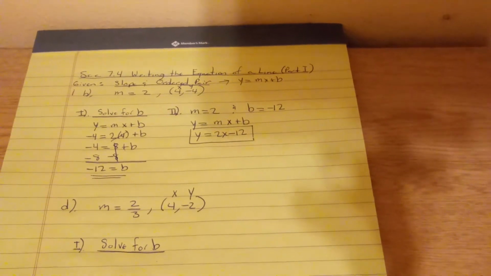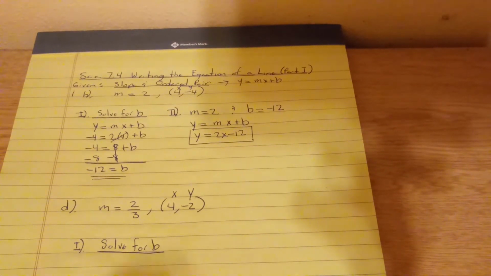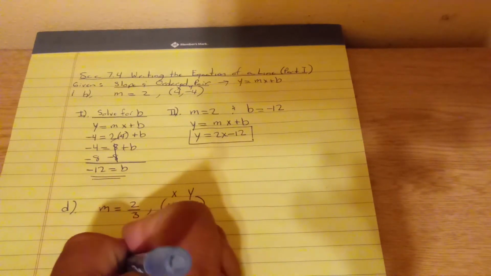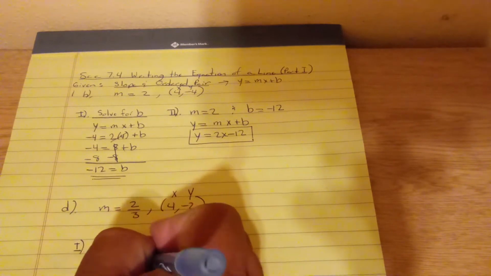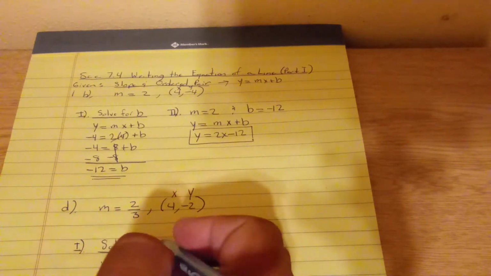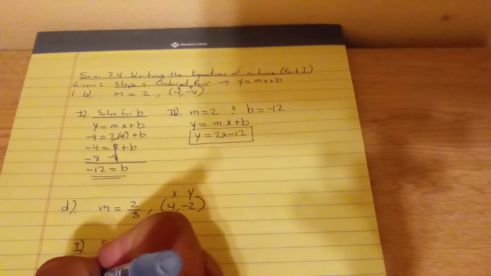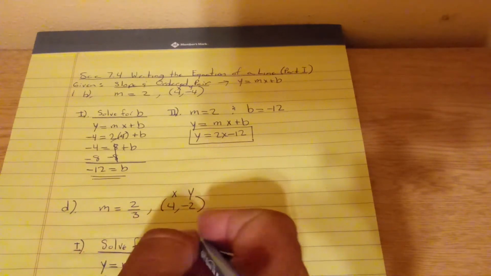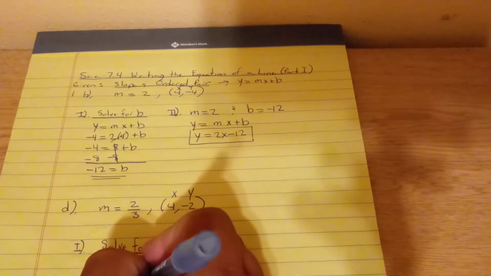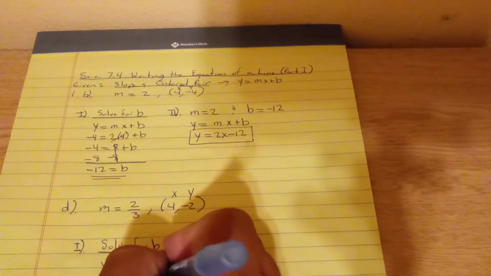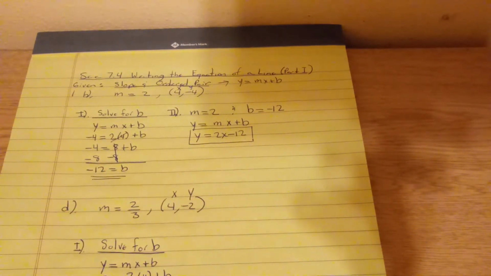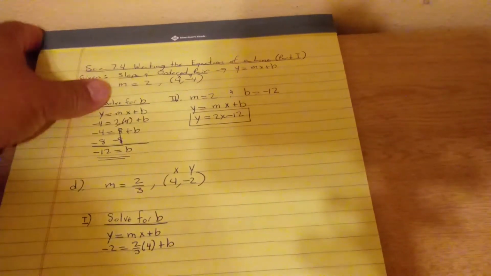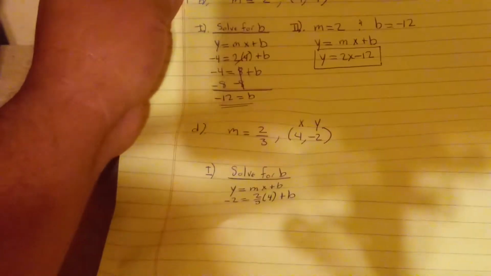We've got to solve for b first. So our y is -2, our slope is 2/3, our x is 4, and we have plus b. This one is going to involve a little bit more work than we're normally used to. So let's go ahead and take a look.